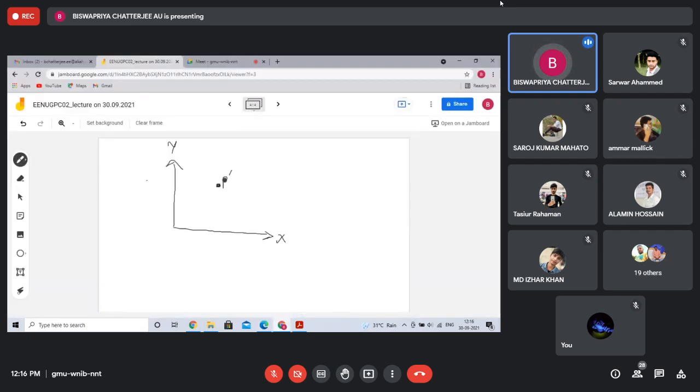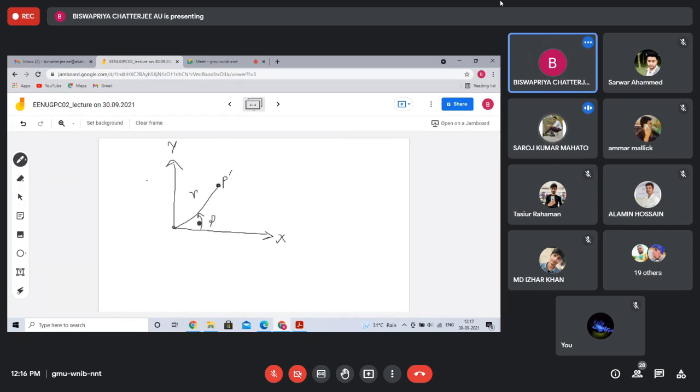Let us say this point is P dash, the projected point of any point from the sky. This was your r and this was your phi. From the origin to the projected point it was r, and the angle with the positive x-axis was phi.